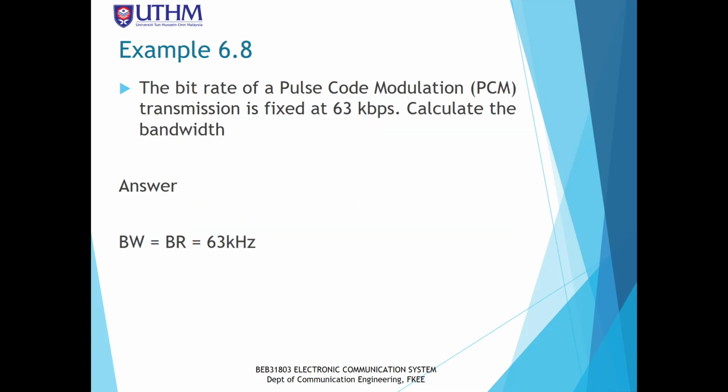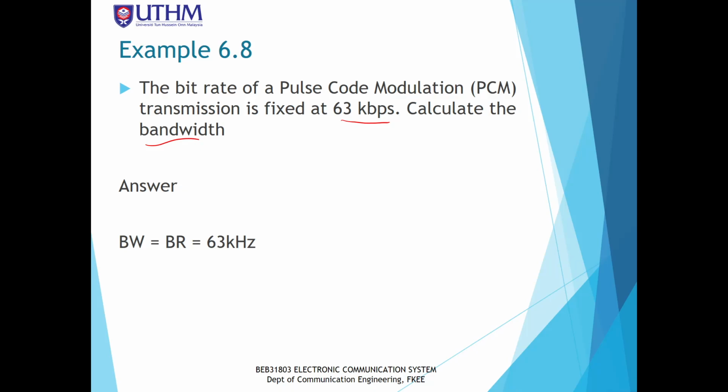Okay, this one. Determine the bit rate of a pulse code modulation PCM transmission is fixed at 63 kilobit per second. Calculate the bandwidth. So in this example, the question asks how much is the bandwidth of PCM. The question doesn't mention about sinc function or rectangular pulse train.